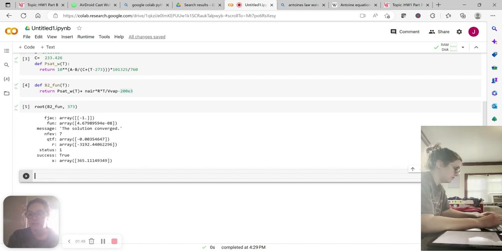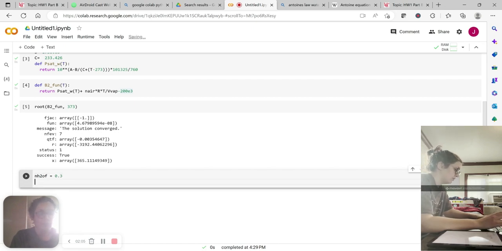So the first thing I'm going to do is define our number of moles. So I'm going to put NH2O final, since these are the number of moles that we want when we reach our final pressure, is equal to 0.3. And I'm going to define another function, and this time I'm going to call it B4_fun.